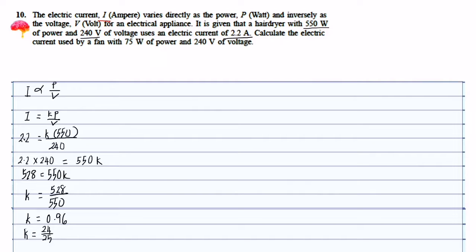Don't forget to write the complete equation. So the complete equation is I equals 24P over 25V.